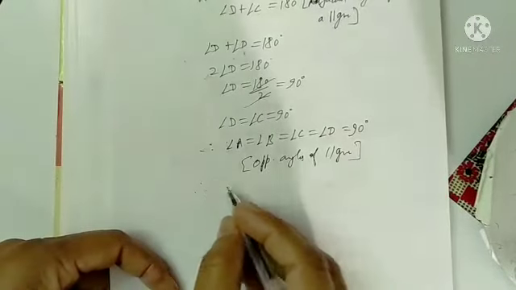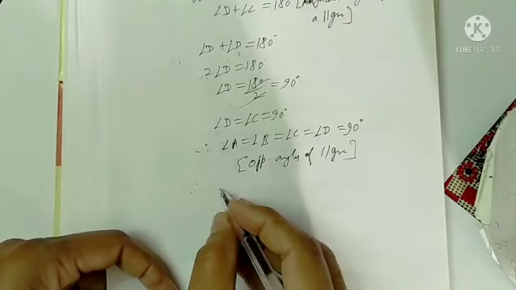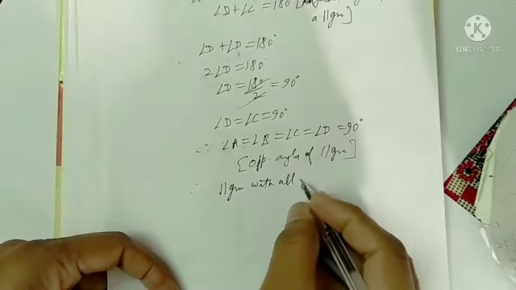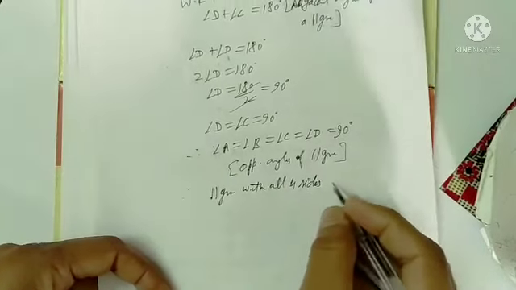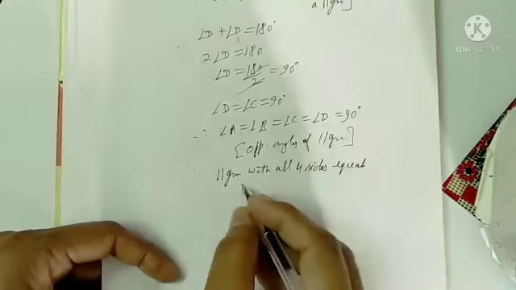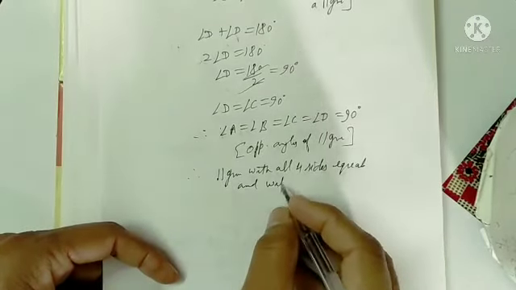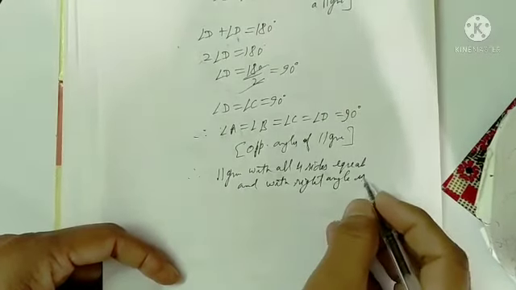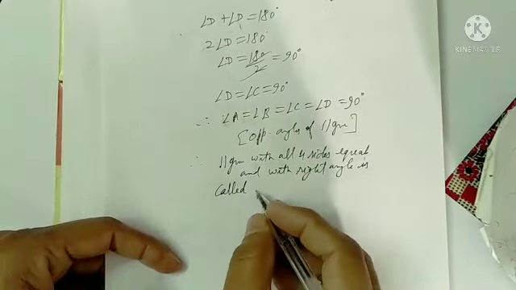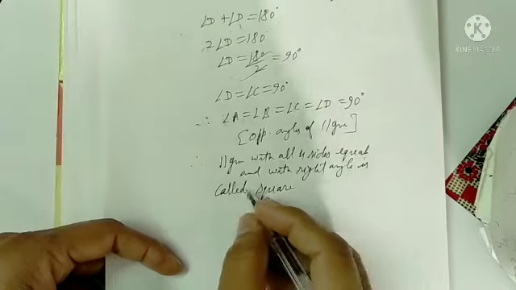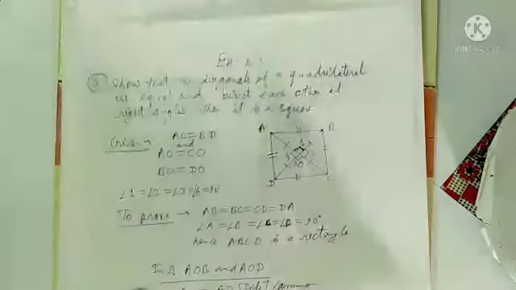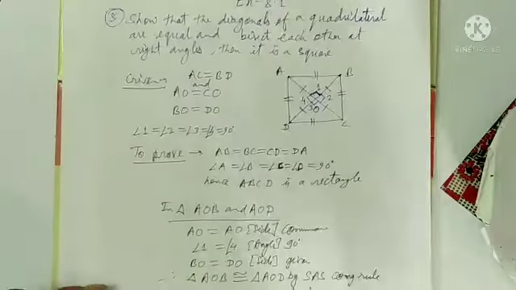So therefore we can say that a parallelogram with all four sides equal and right angles is called a square. That is what we wanted to prove. Then it is a square, hence proved. We have done the question. Please revise this question nicely because it is a very important question.